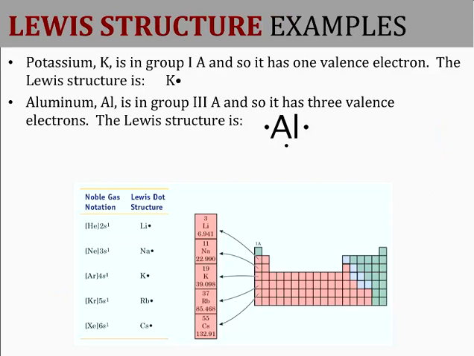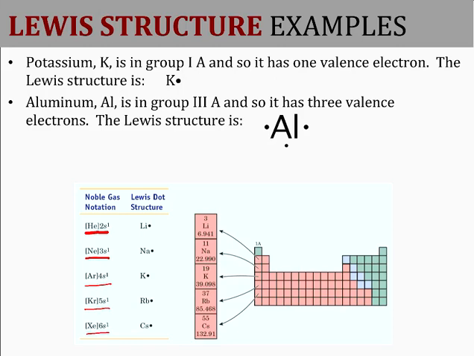And then down below I have a little chart just focusing on the group 1A elements, and we have the noble gas notation for each element in that group. And you'll notice that we're adding energy levels each time, but that highest energy level always has just 1 valence electron.